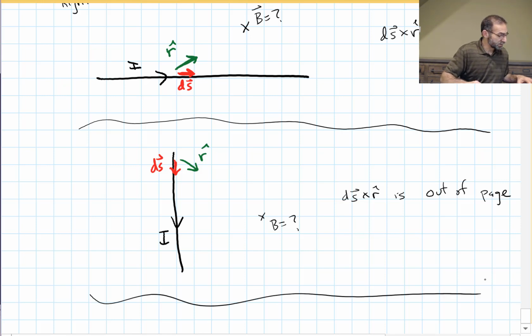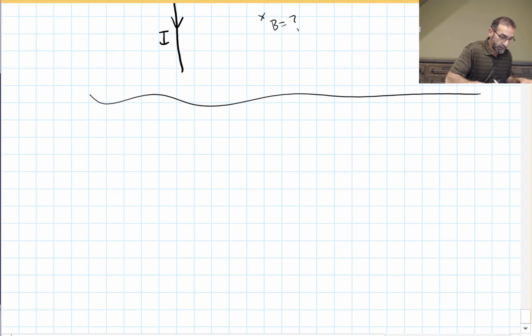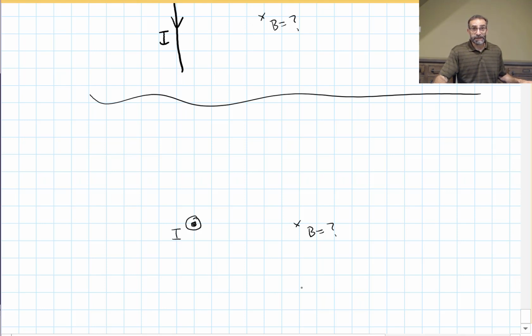Let's do a couple more. Here, I is a long wire perpendicular to the page. The current's coming out of the page.